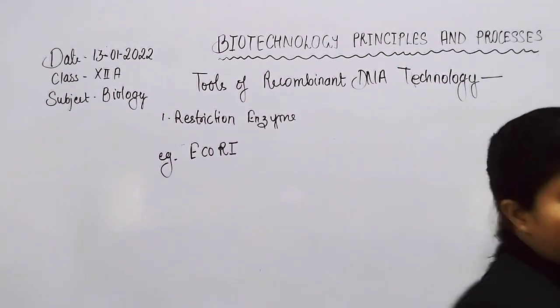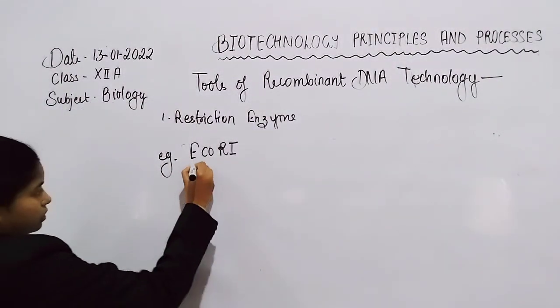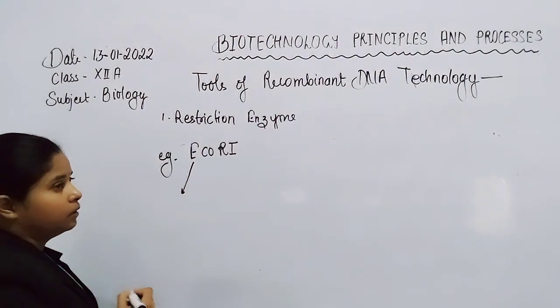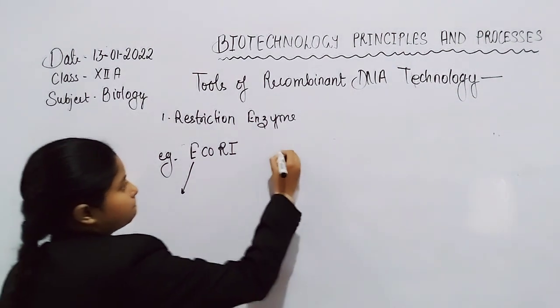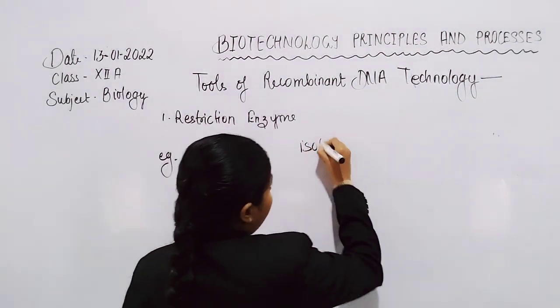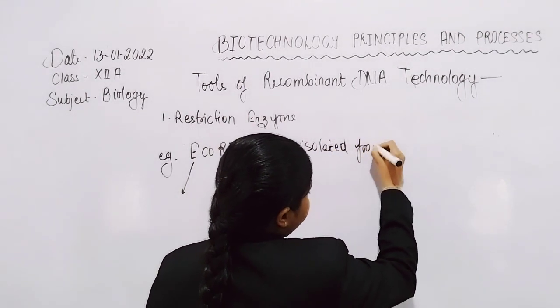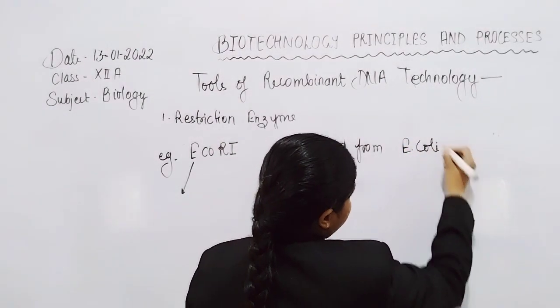The first letter shows the genus name, Escherichia, and the enzyme is isolated from the E. coli bacteria.